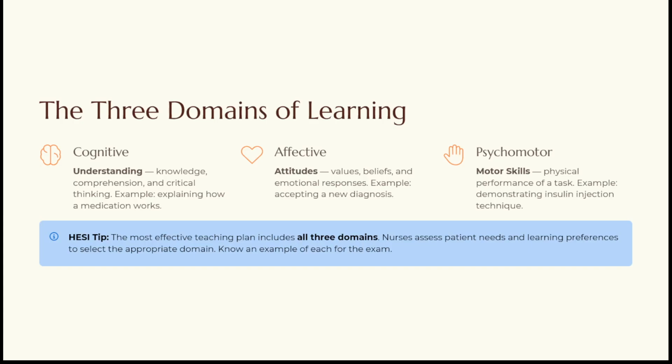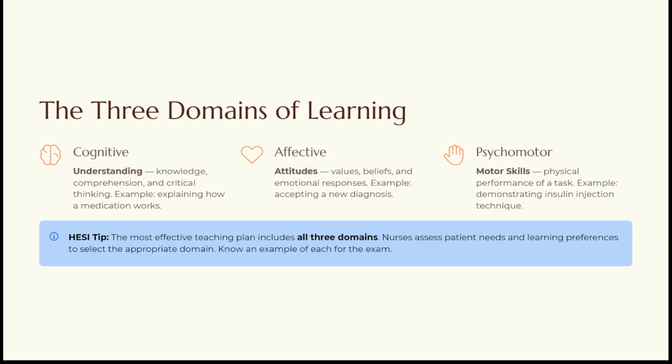Now, there are 3 domains of learning nurses must assess and incorporate into teaching. The first is cognitive domain. This involves knowledge and understanding. So, understanding medication instructions, learning the disease process, or explaining signs and symptoms to report. The second is the affective domain.